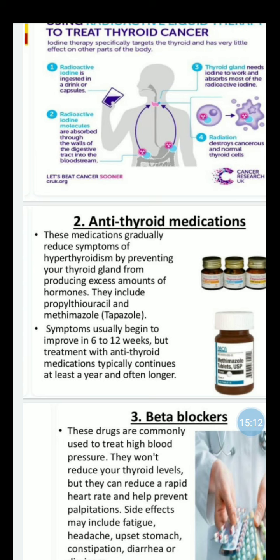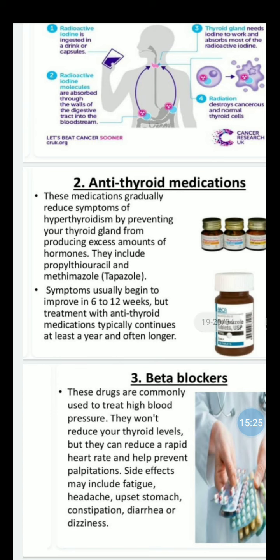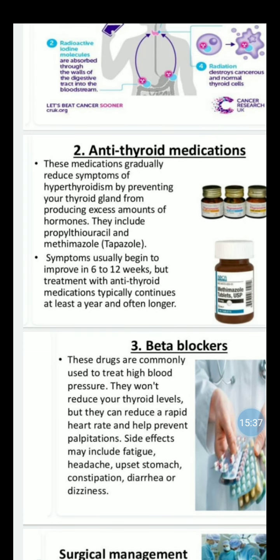An example of an antithyroid medication is methimazole, that is Tapazole. Symptoms usually begin to improve in 6 to 12 weeks, but treatment with antithyroid medication typically continues for at least a year, and often longer.